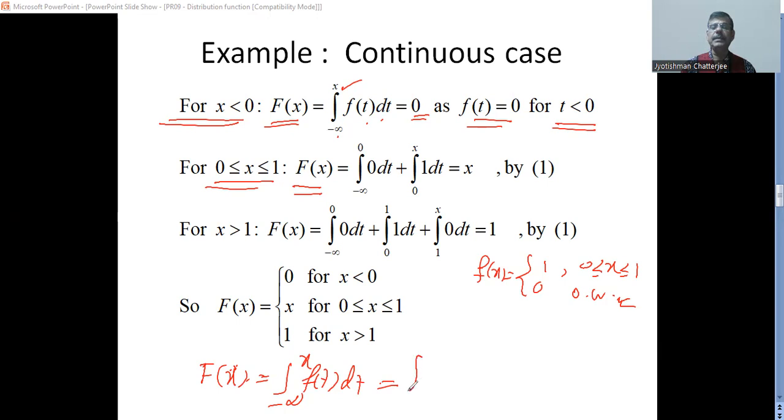So I can split this integration into two parts, minus infinity to 0 plus 0 to x. Minus infinity to 0, in this part, f(t) is 0. So this turns out to be 0. So only this part remains. And how much is that? Let me erase this part.